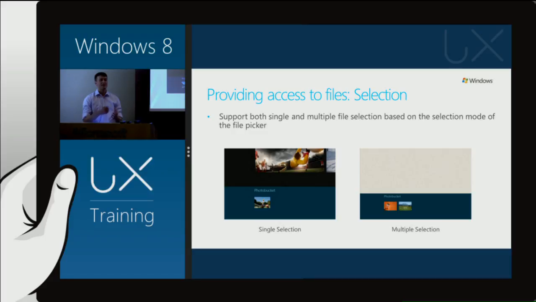But a mail application could allow you to pick multiple images or multiple files to use as attachments, because it supports multiple attachments. So that's something you really need to watch out for when you build your UI or incorporate your application into the file picker. You need to be able to support multiple selection, or it could feel weird to users that everywhere else in all their applications they can select multiple files but not in your application.